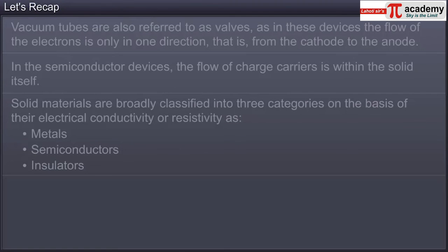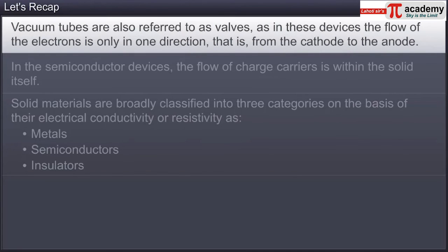You have now reached the end of this module. In this module, you have learnt that vacuum tubes are also referred to as valves, as in these devices the flow of the electrons is only in one direction, that is, from the cathode to the anode.